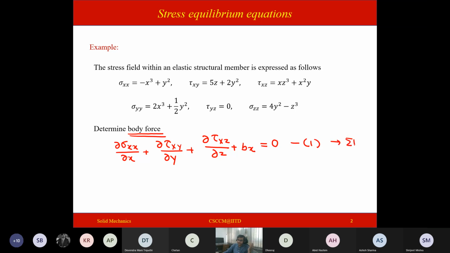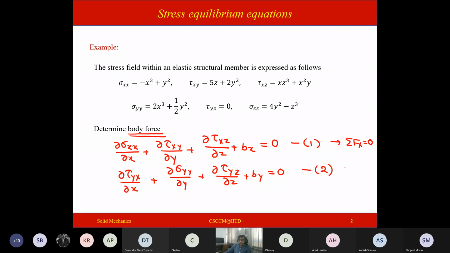We obtained this earlier by using summation Fx is equal to 0. Similarly, we have del tau yx del x plus del sigma yy del y plus del tau yz del z plus by, and that is again equal to 0.